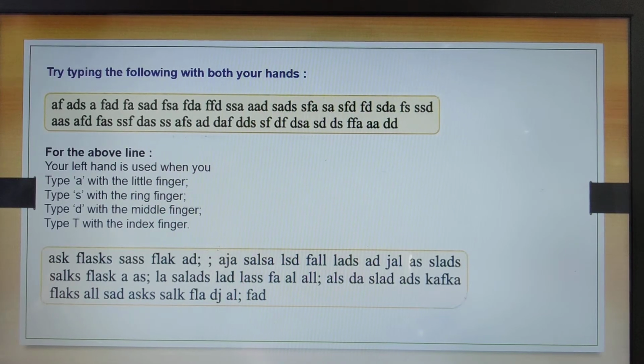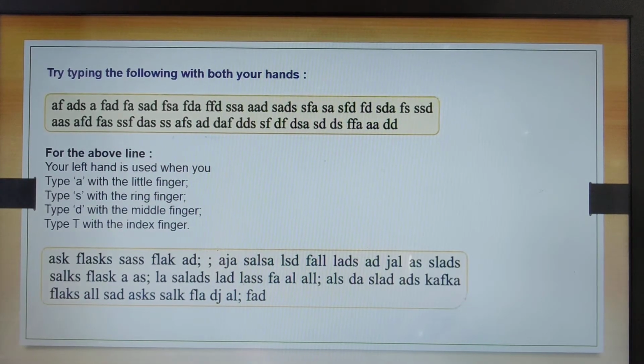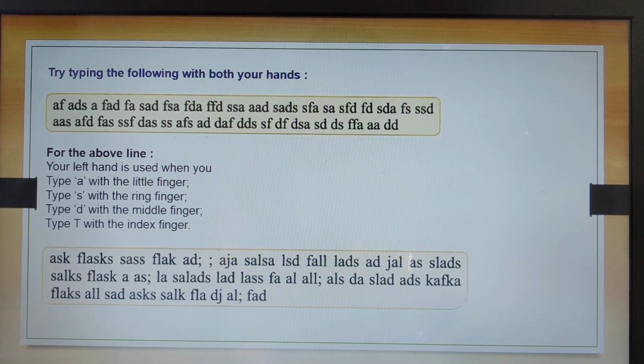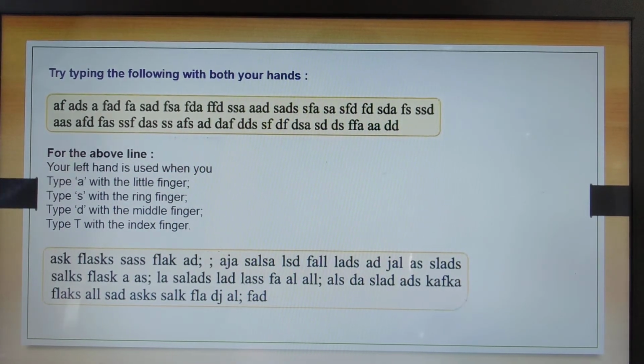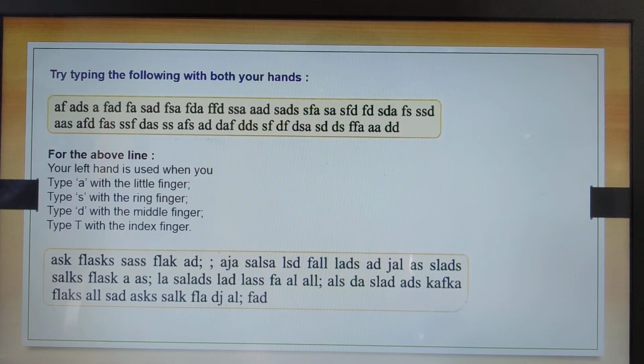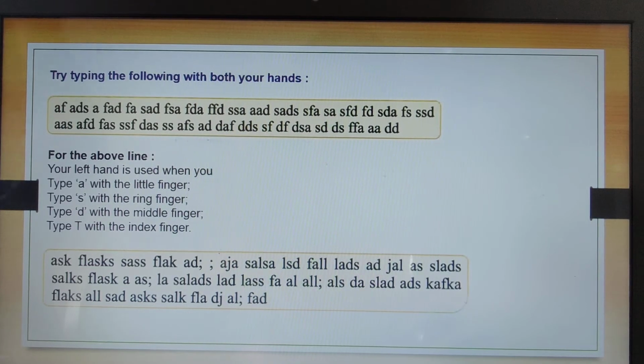Now for the above line, what will you do? Your left hand is used when you type A with the little finger, S with the ring finger, D with the middle finger and F with the index finger. Clear? So like I said, there are two activities given here. First one: AF space ADS space A space FAD, and so on.